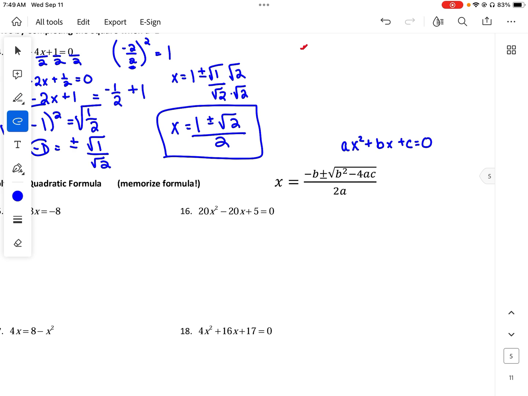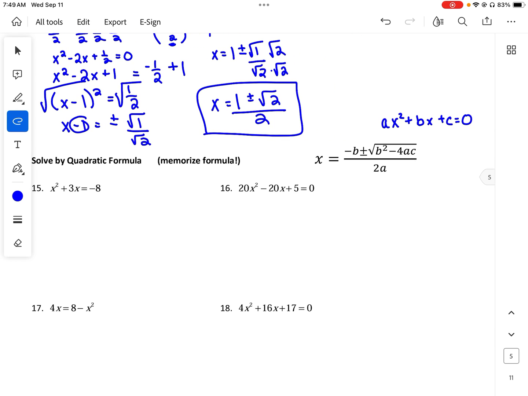So let's start with our first one. First thing I'm going to do is move that 8 over. And the reason we are doing this is just giving us all the different options for solving. So we had factoring, we've had completing the square, now we had extracting the square root, and now we have the formula.